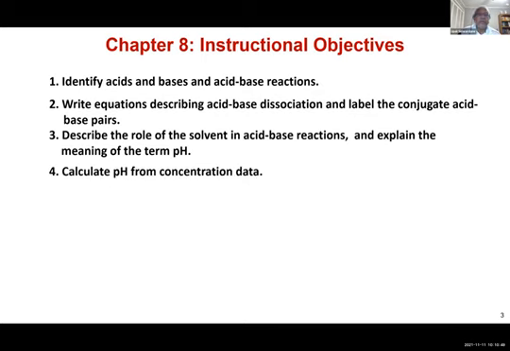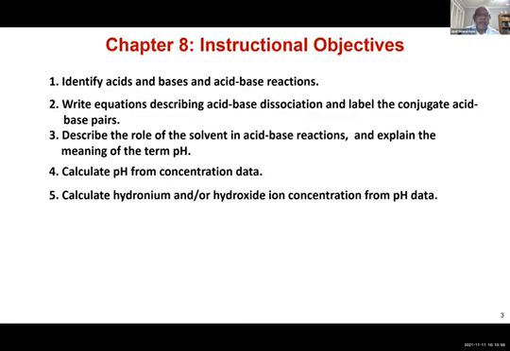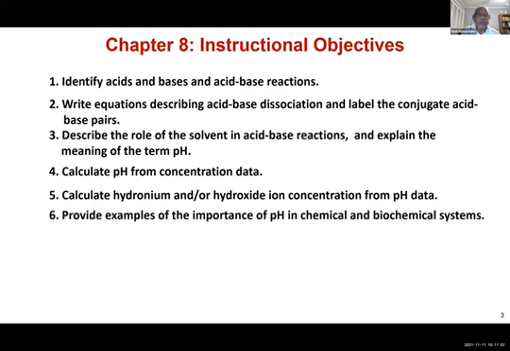Calculate pH from molarity data, the concentration of hydronium ions or hydrogen ions. Calculate hydronium ion and hydroxide ion concentration from pH data. So we're going to be learning these things, how to do the calculations.